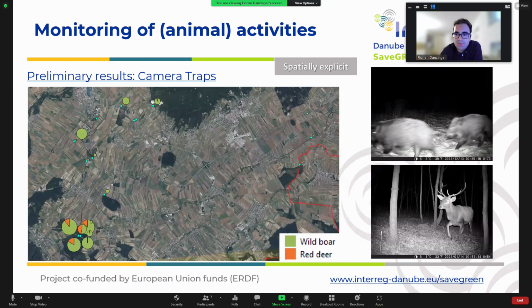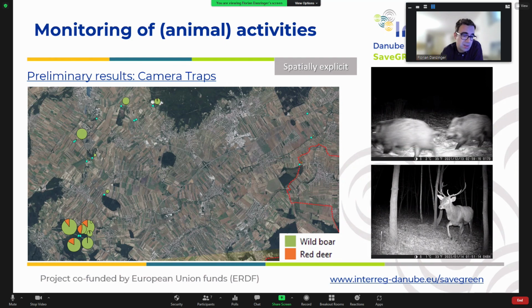And I just want to show you some more of these really nice photos of the camera traps. When just looking at our 2 favorite target species, wild boar and red deer, I think it becomes obvious that the red deer isn't really using the corridor.